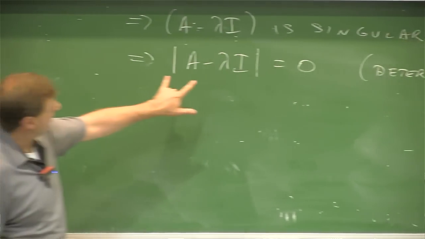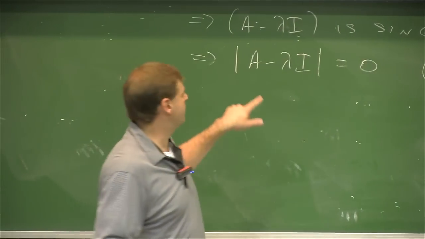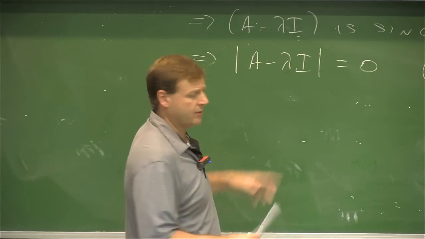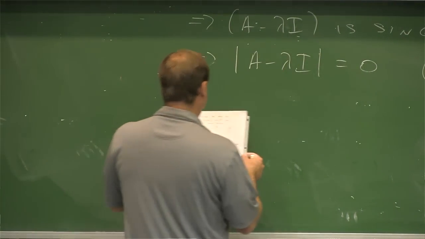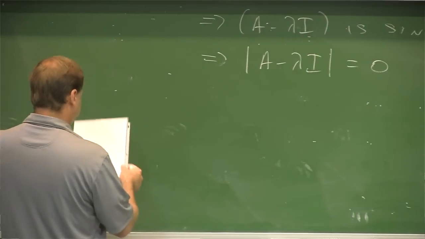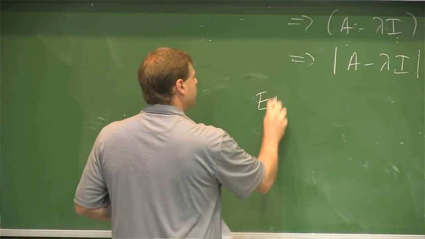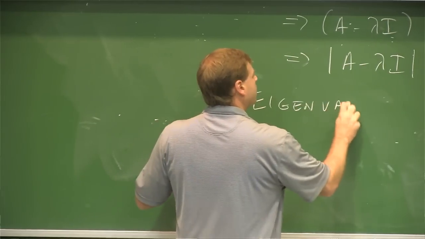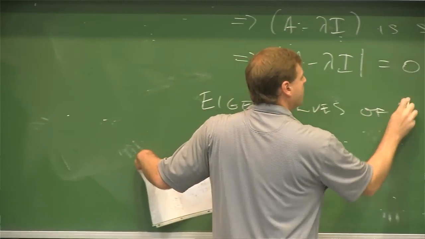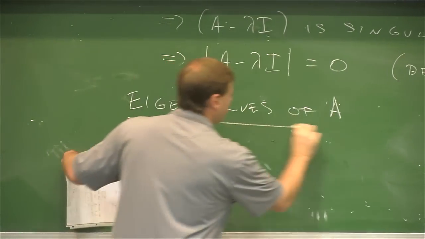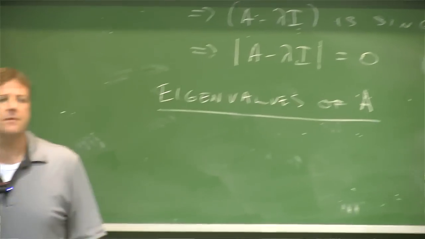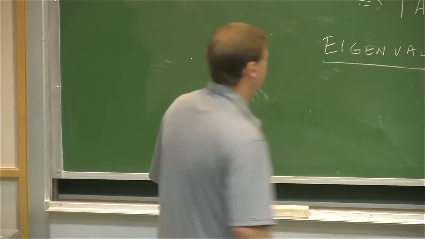And this right here is what we're going to use to find what's called an eigenvalue. Okay, so eigenvalues of A, those are those lambdas.